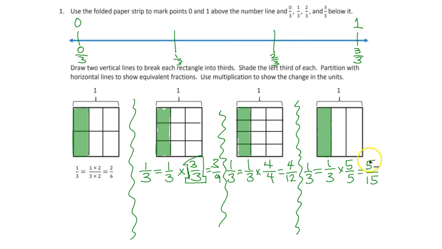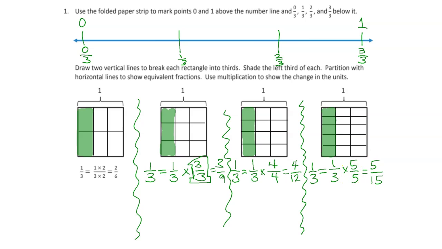Add those horizontal partitions. We're going to try to get 5 parts, so we're going to need 4 partitions. 1, 2, 3, 4. And once again, if we're multiplying by 5/5, we're multiplying by 1, because anything over itself equals 1.